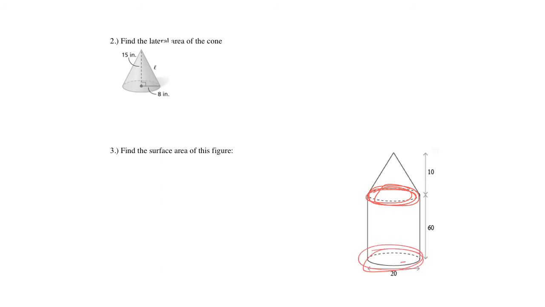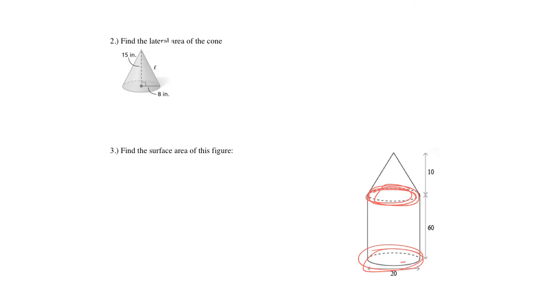However you want to look at that, you could either think of it as a full cone with a bottom plus just the lateral area of the cylinder, or it's the lateral area of the cone plus a cylinder with just one circle. It doesn't have both bases, it only has one of them.